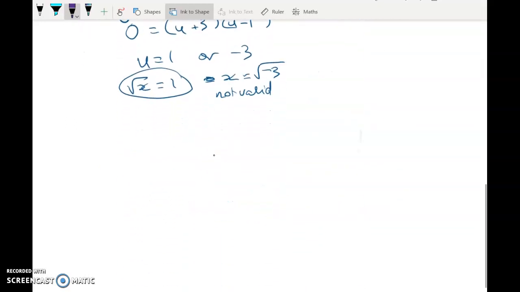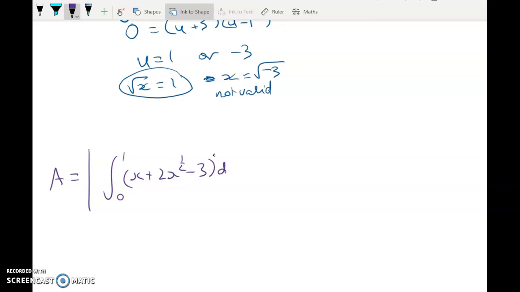Okay, so we've got to split it up. Now it's a little bit painful, but we can work it out. So the total area will be the absolute value of the integral between 1 and 0 of this, putting it into fractional powers, plus the integral between 4 and 1 of the same thing.